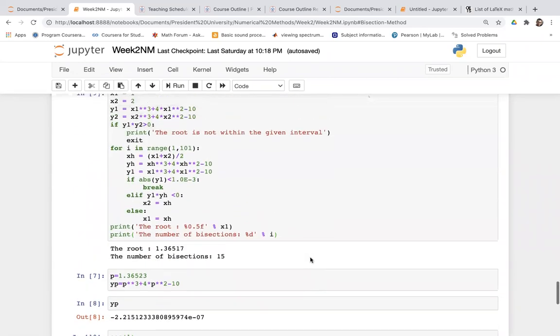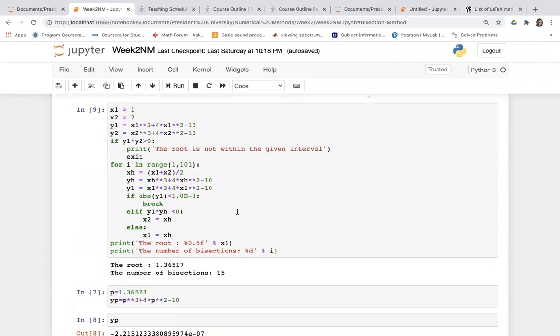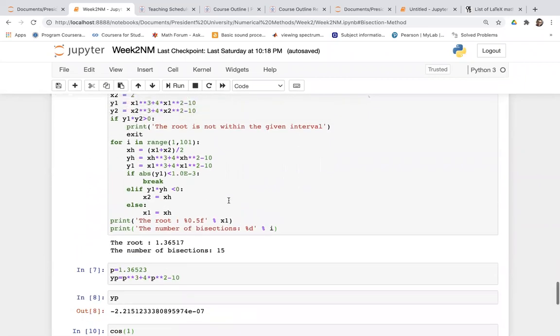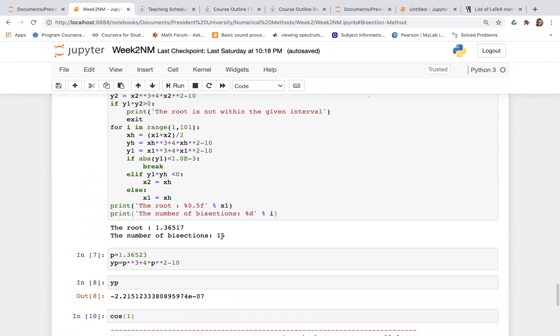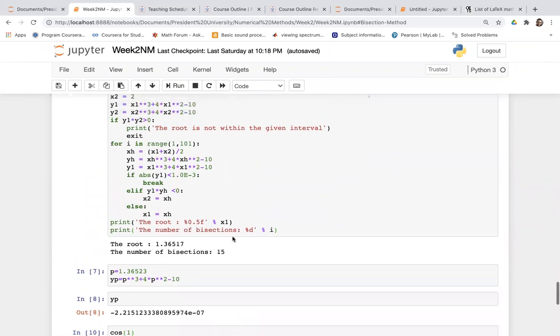In here, it gives you many steps, like 15 steps, while in Newton it's only a small number of steps, like 7 or less than 10 steps. Of course, that is the advantage of Newton.